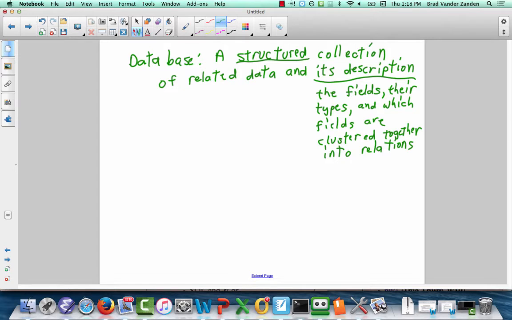Okay, so you have this database. It's a structured collection of information. And then you typically have two languages associated with it.